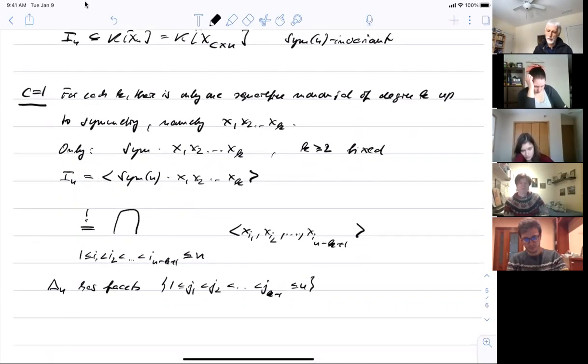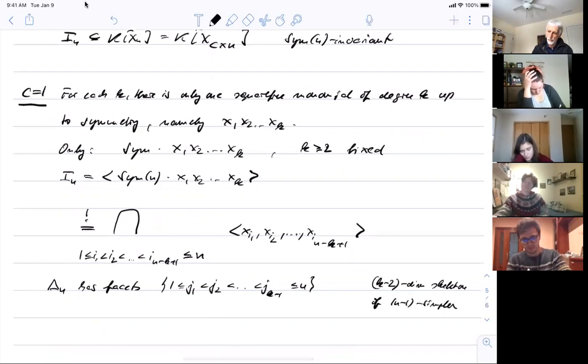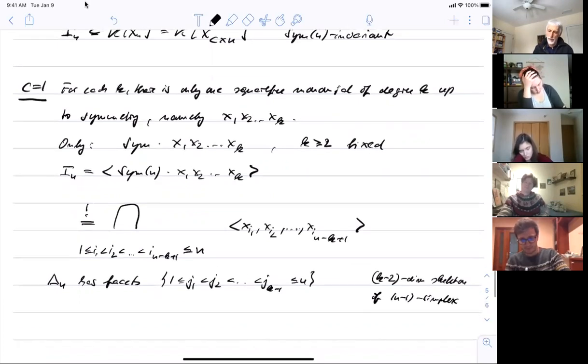In other words, we see that this simplicial complex is just the k minus 2 dimensional skeleton of an n minus 1 simplex. The dimension is k minus 2. Each facet has k minus 1 vertices.